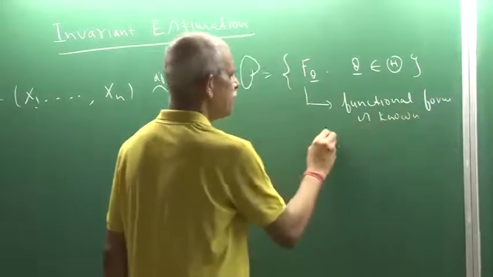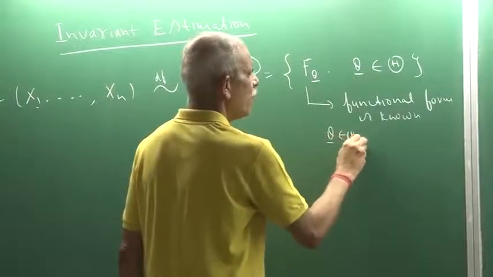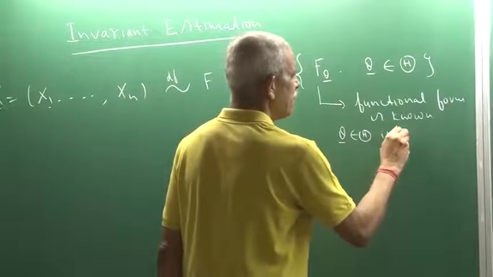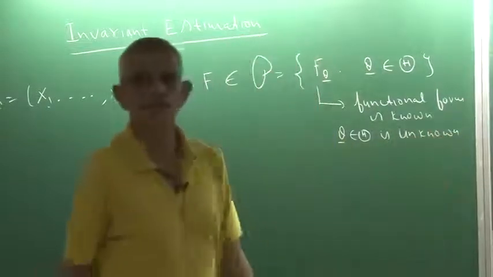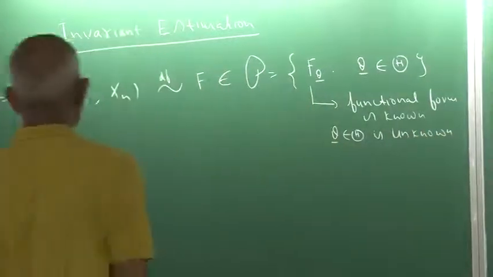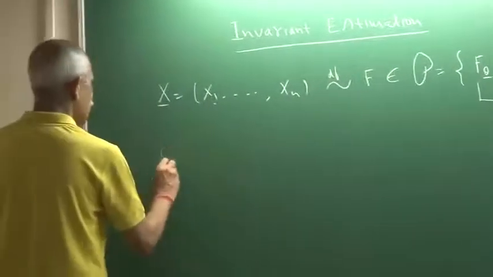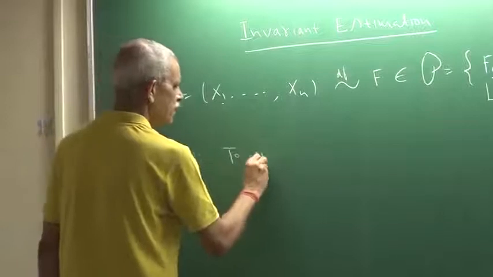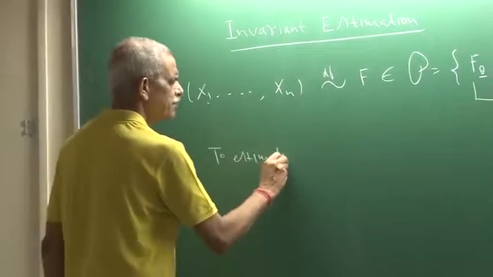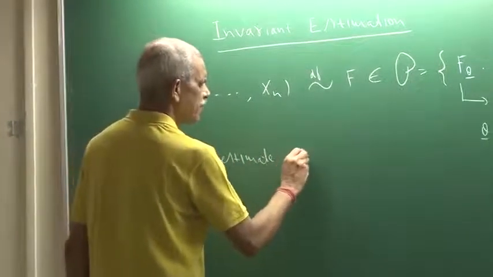What is unknown to you is theta. The only unknown quantity is theta. The goal is to estimate some function of theta.